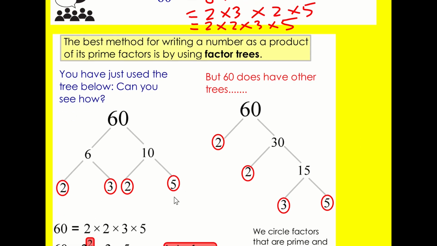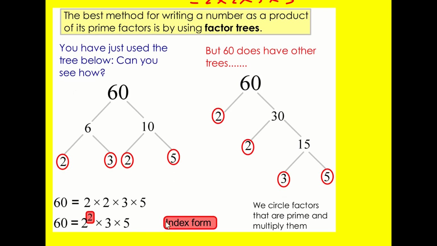We can write it like this, and here's the other way we can write it, index form. Now, just to say that when you write something like x to the power of b, this thing here, sometimes it's called the power, but sometimes it's called the index, and that is singular for indices.